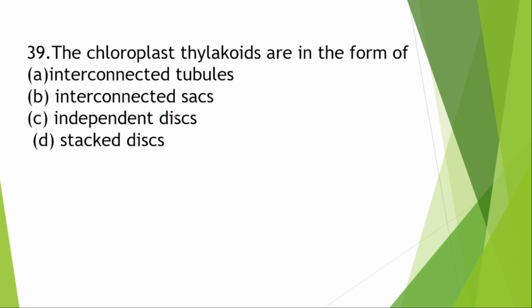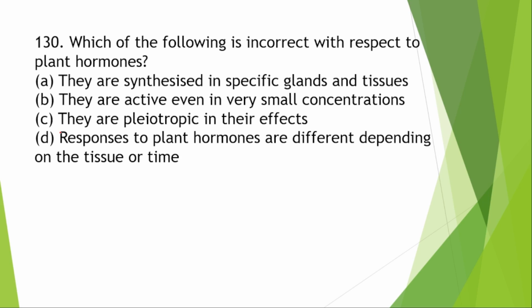129. The chloroplast thylakoids are in the form of interconnected tubules, interconnected sacs, independent discs, stacked discs. It is stacked discs. 130th question. Which of the following is incorrect with respect to the plant hormone?